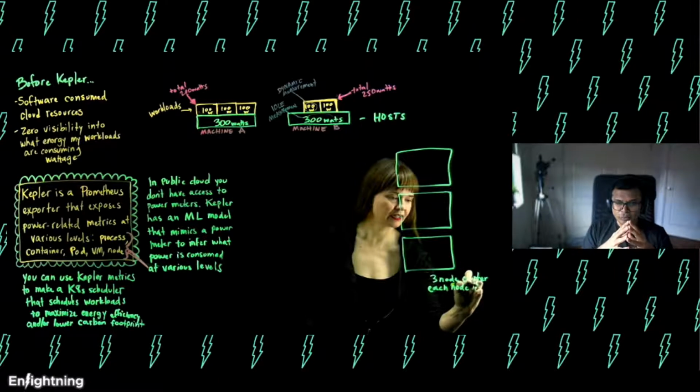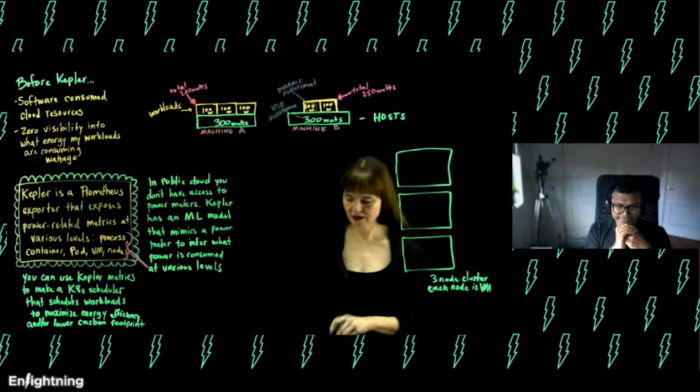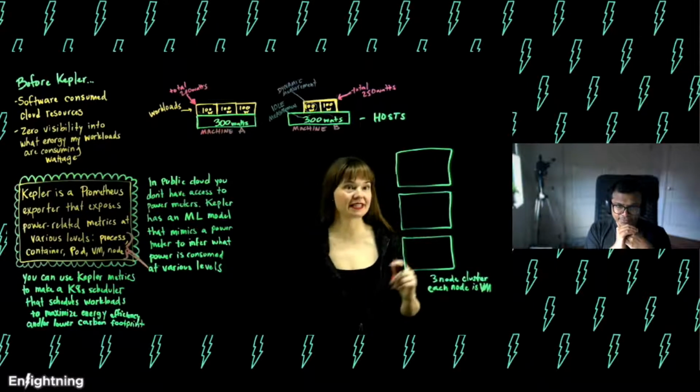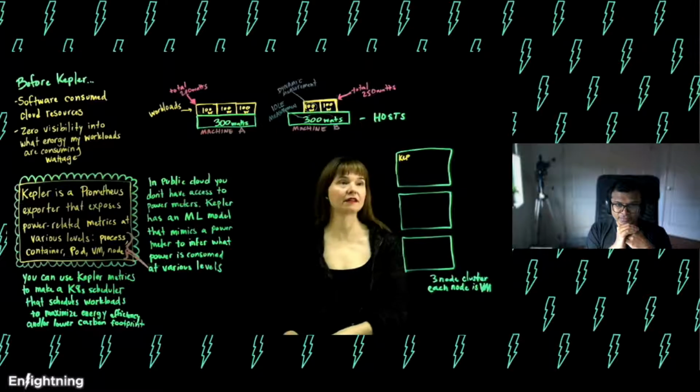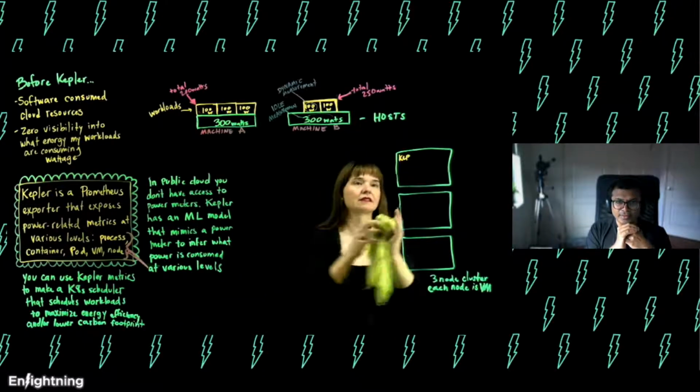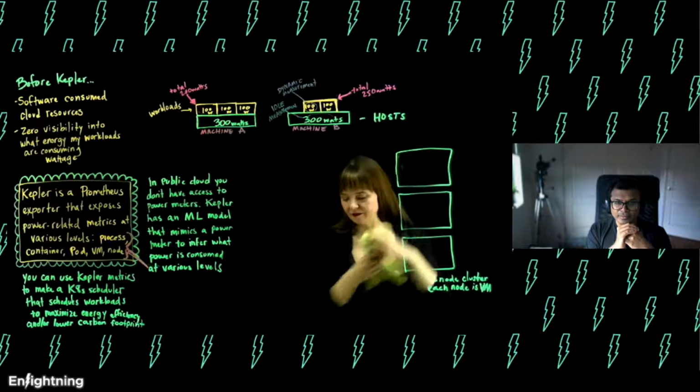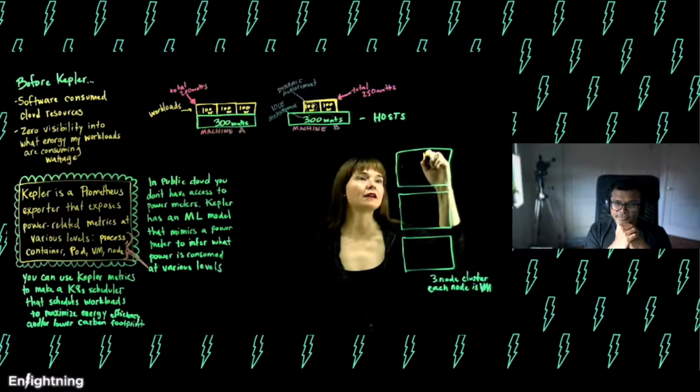Each node is a VM. Kepler runs as a daemon set.